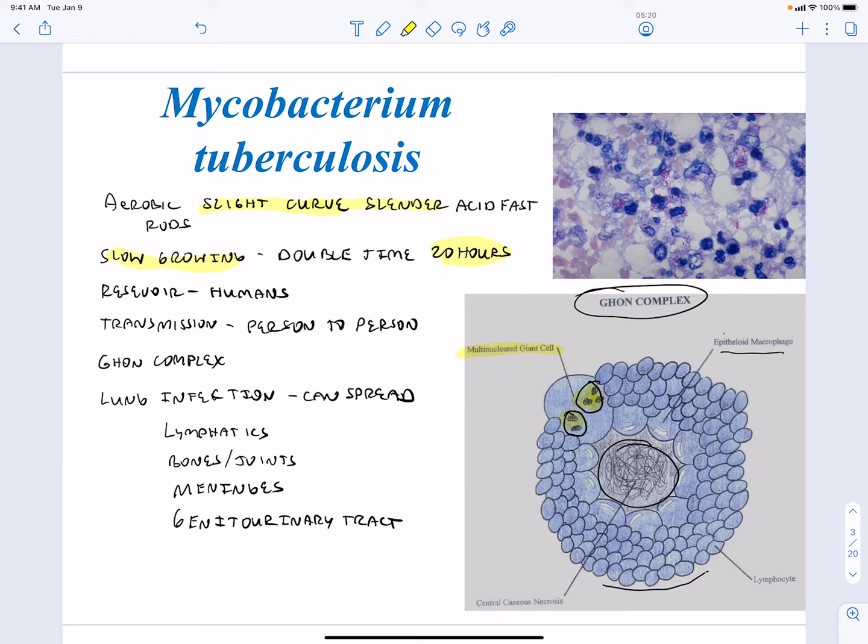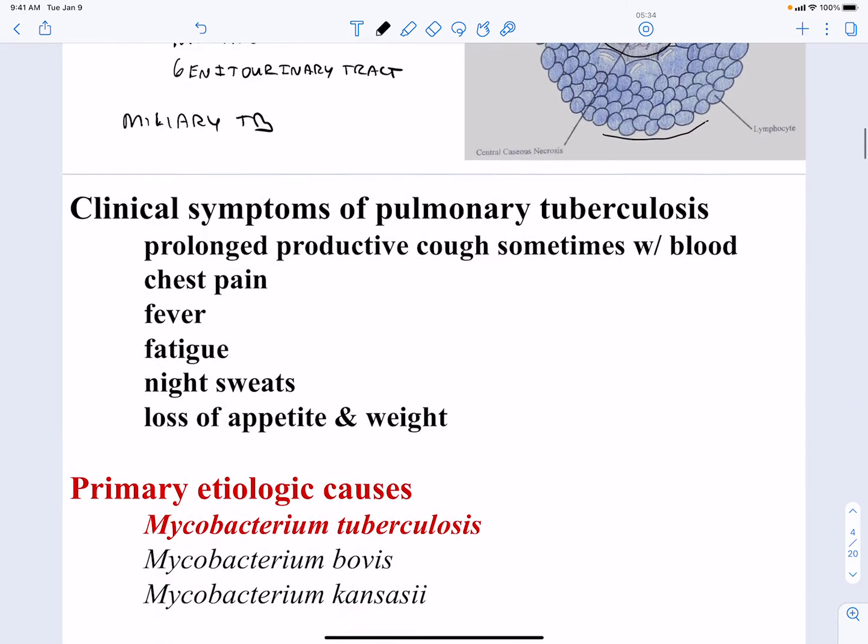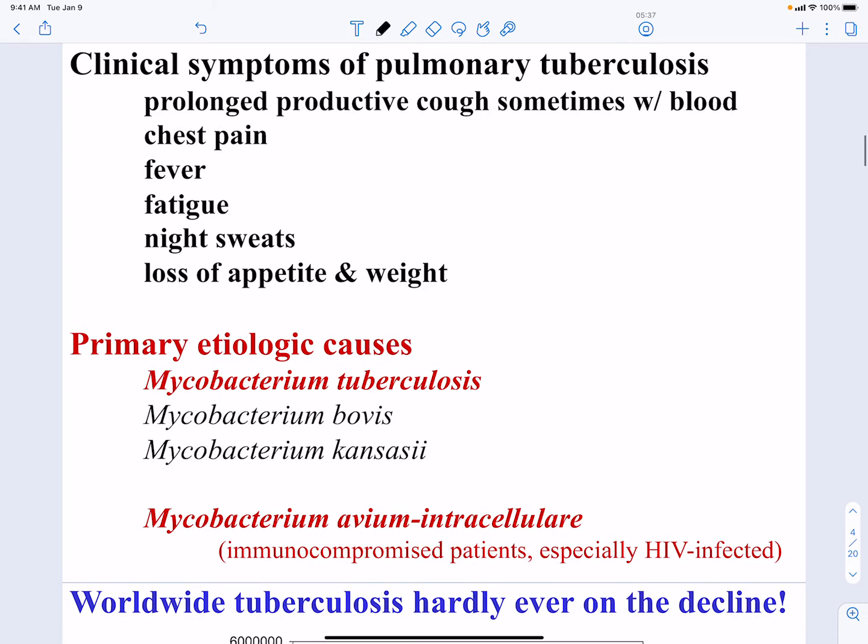Now, the reservoir is going to be humans. Transmission is person to person. Your lung infection can spread and you can get dissemination or miliary TB. Clinical symptoms of tuberculosis are basically going to be a cough, which is associated with many respiratory infections, but you also have chest pain, night sweats, a loss of appetite, and a loss of weight.